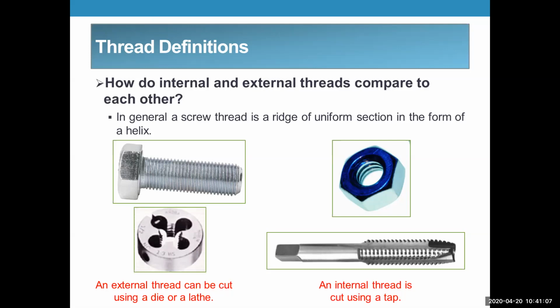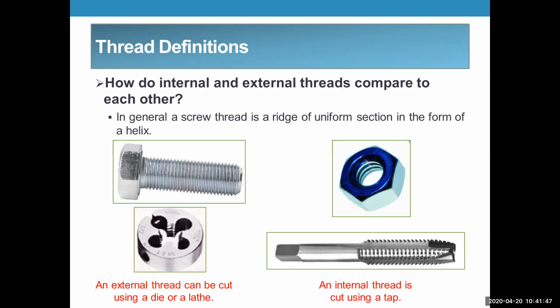The slide says that an external thread can be cut using a die or a lathe, which is correct, but it doesn't talk about thread forming, like rolling a thread, which is why I include those 3 videos, which I suggest whoever watches this video look at also, and see how threads are rolled and what the difference between a roll thread and a cut thread is in terms of the quality of the thread and the strength of the thread with respect to the base material.